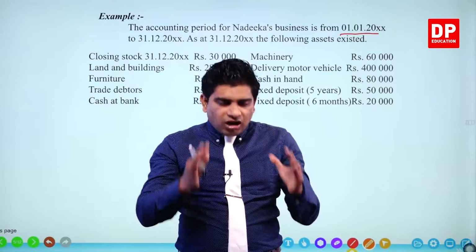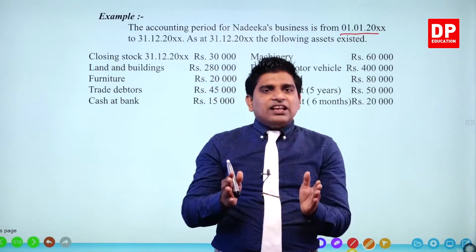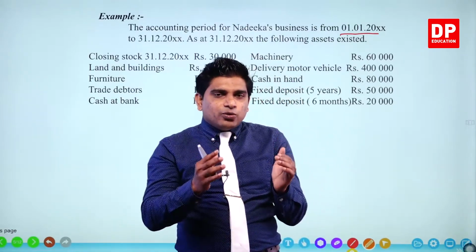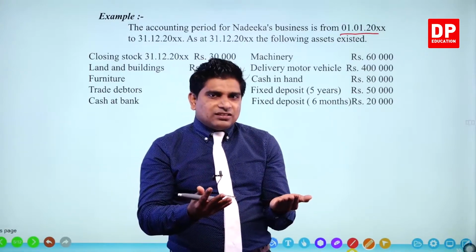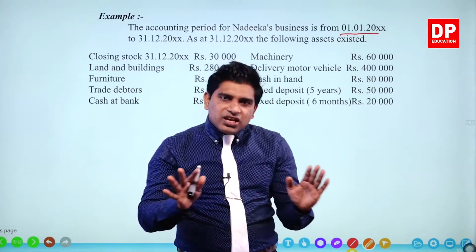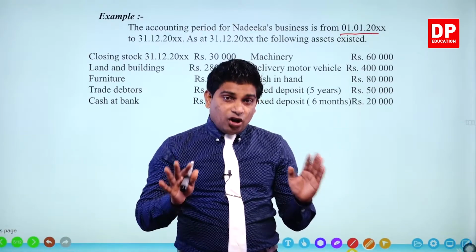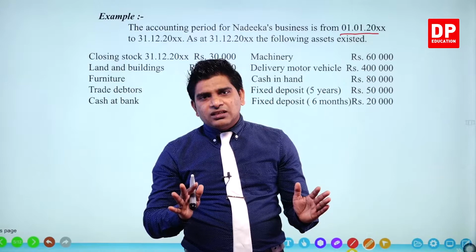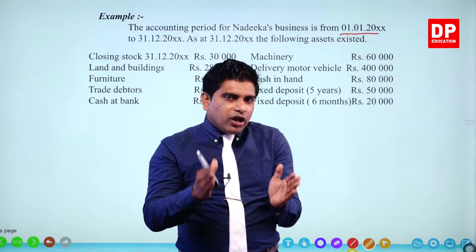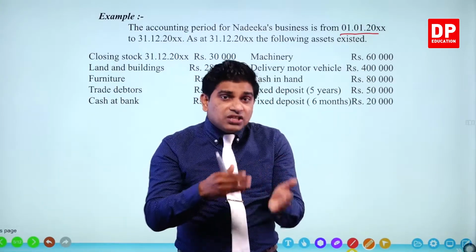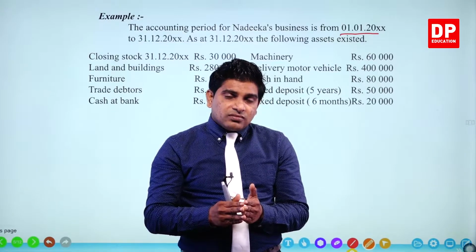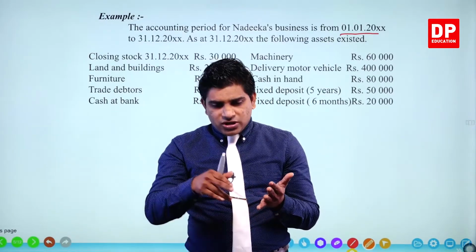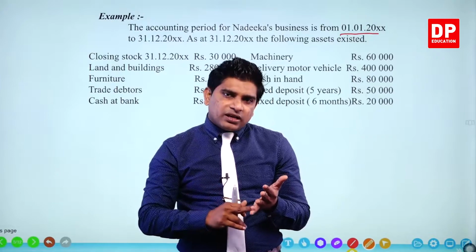They are the non-current assets. Why do we say non-current assets? We can use them for more than 1 year. They never change. Long-term assets. Current assets, within 1 year, 12 months, they are changing. Closing stock, now how much you have, next time it will become money.